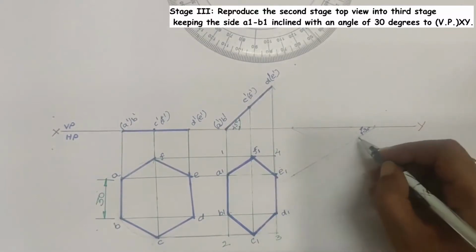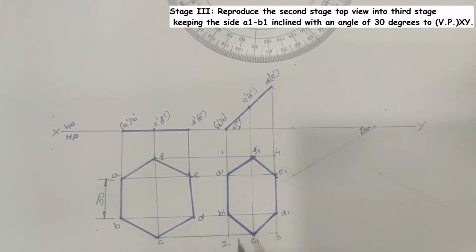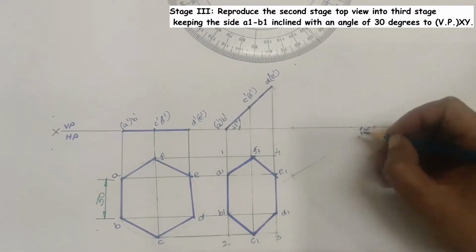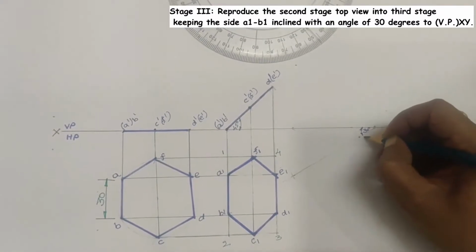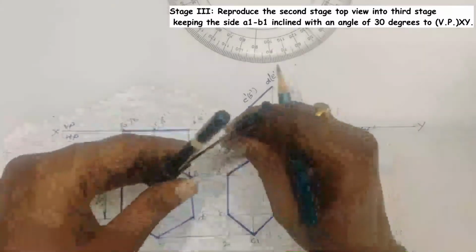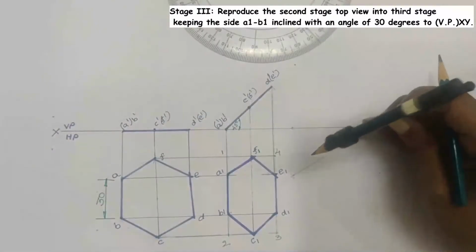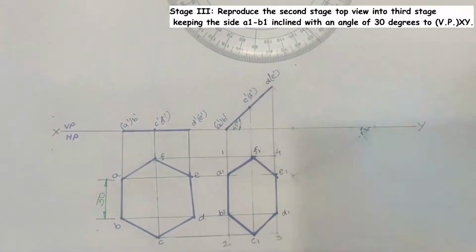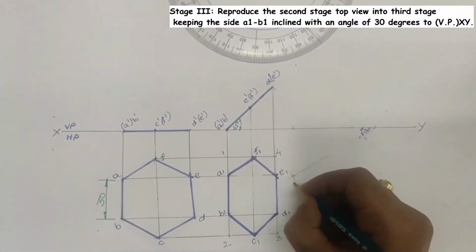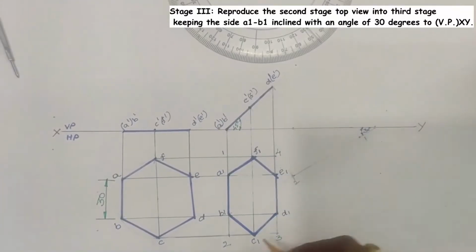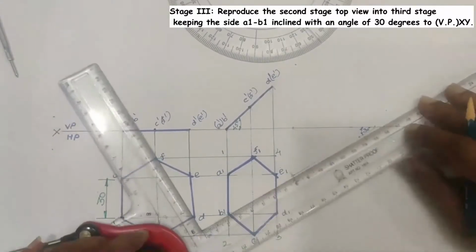So here construct the rectangle, and with reference to the rectangle we'll copy the second stage top view into the third stage top view. For that, locate a point 1 here and 1 to 2 along the 30 degrees inclination line. Locate point 2. Then complete the construction of the rectangle.